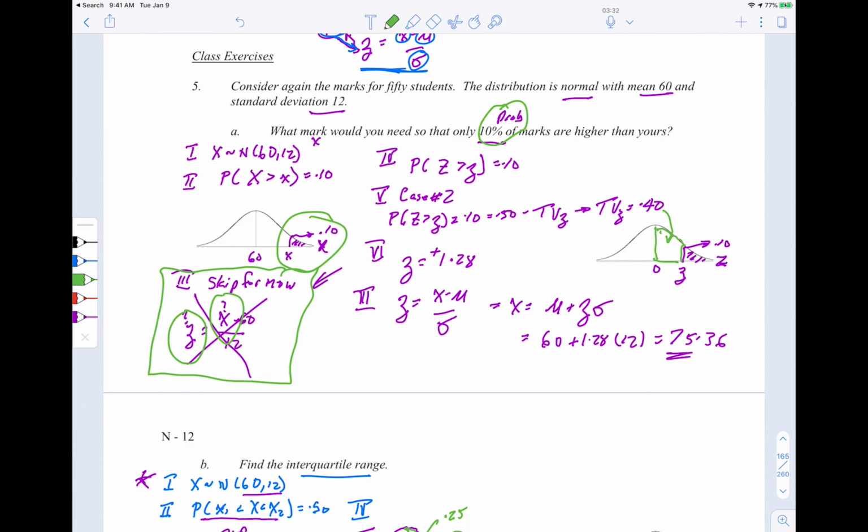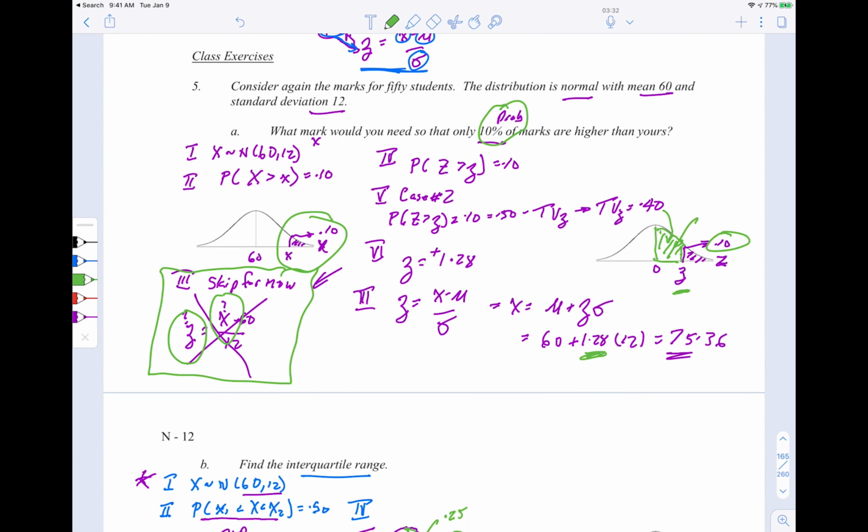So we said, let's find a Z value that has 10% above, and that means that we have 40% from here down to the middle. Then we went to a table and looked up the 40% in the middle of the table. We read out to the sides of the table, and we found that that was 1.28 right there. And then we just plugged that into a formula here.